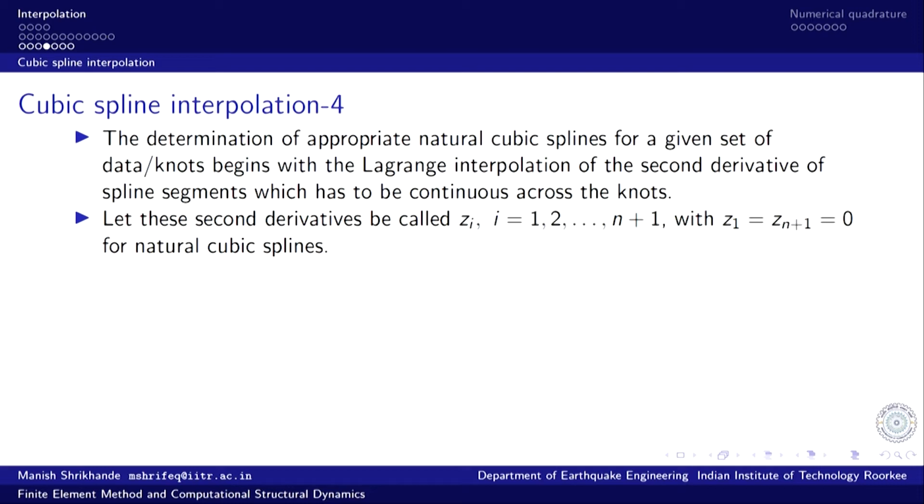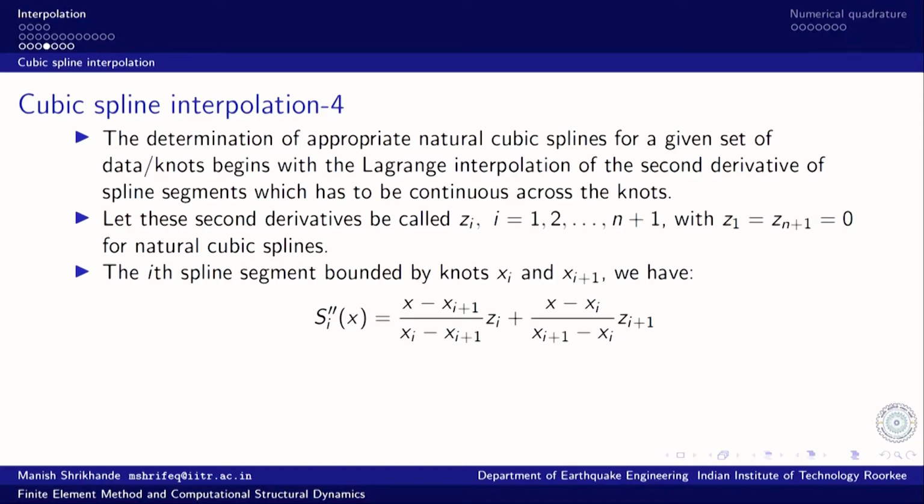That is the condition for a natural cubic spline. If we have additional information about the second derivative at the starting and end points, then those values can be substituted as the boundary conditions.